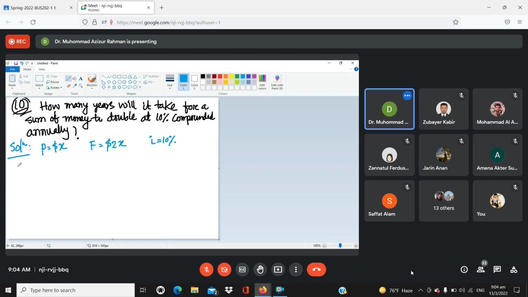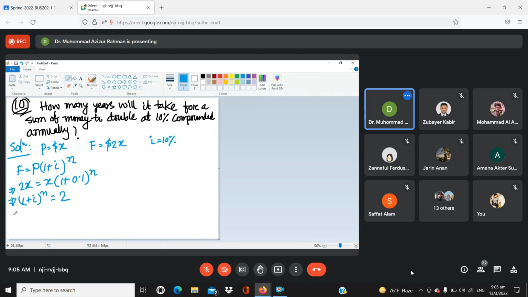So the formula is F equals P times (1 + I)^N. So 2X equals X times (1 + 0.1)^N. So (1 + I)^N equals 2.